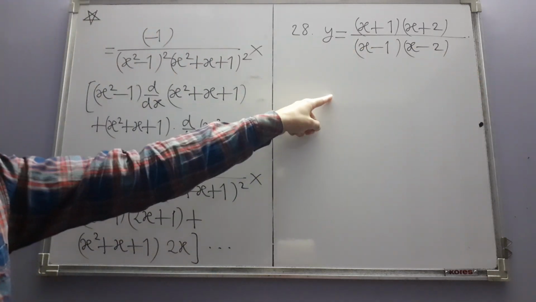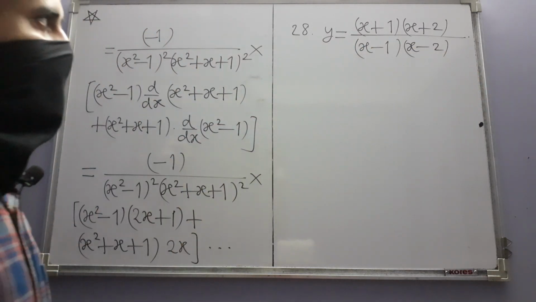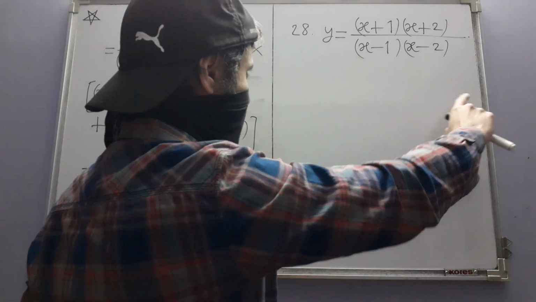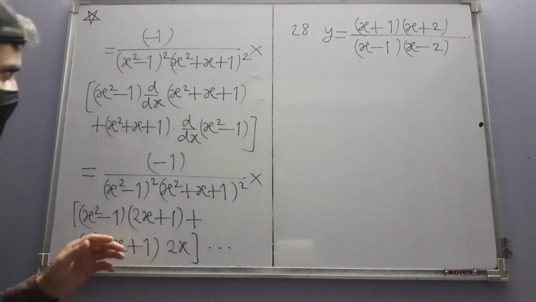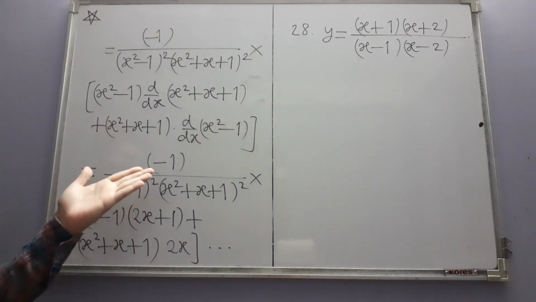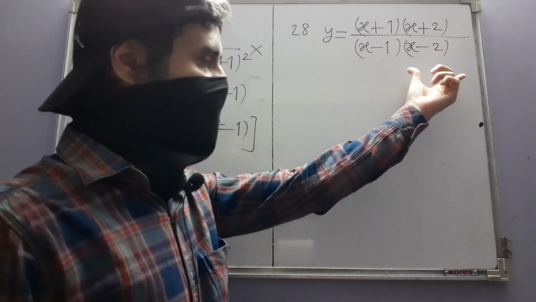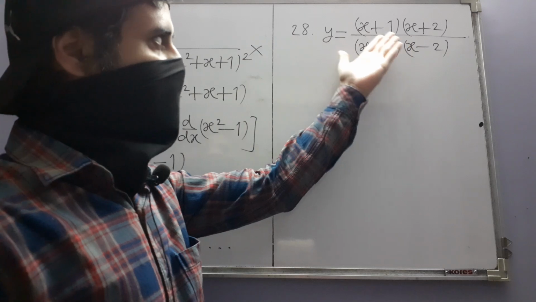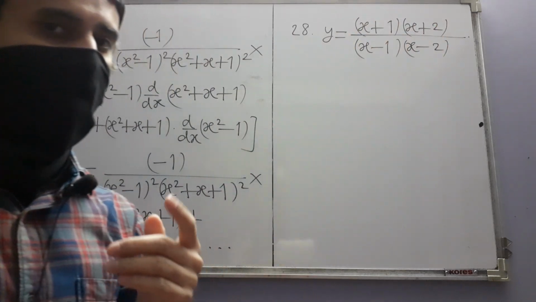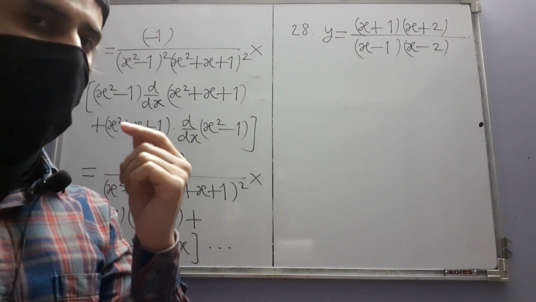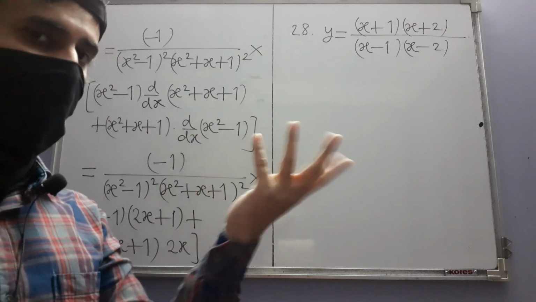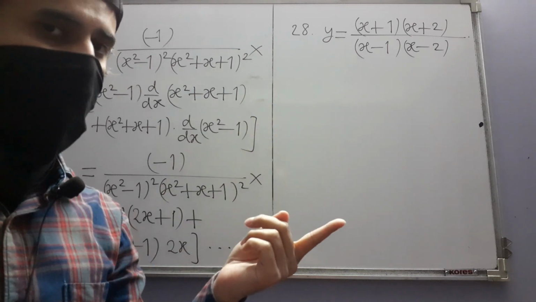You can then apply the quotient rule, or you can straight away apply the quotient rule and then you will encounter a situation like this where you will have to once differentiate this product and another time you have to differentiate this product, where you can either use the product rule or there you can do the multiplication and then differentiate.